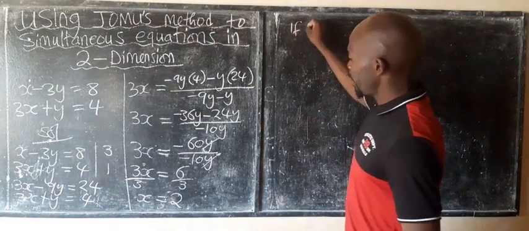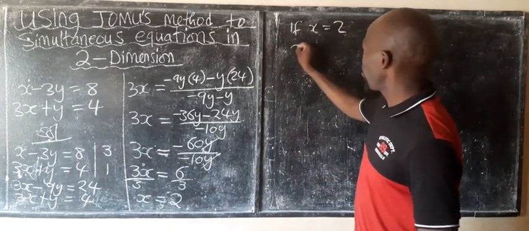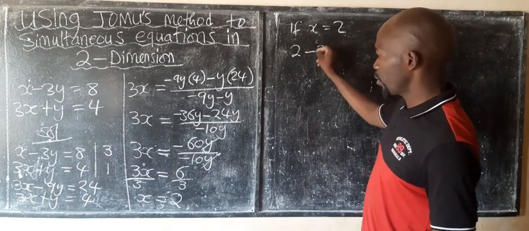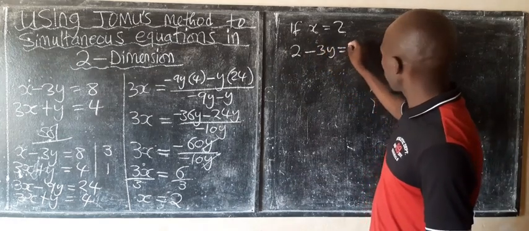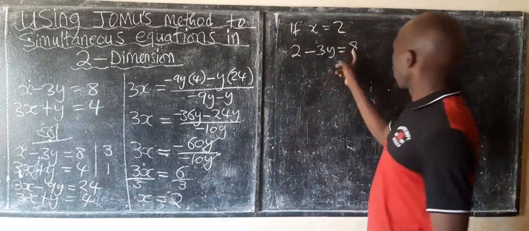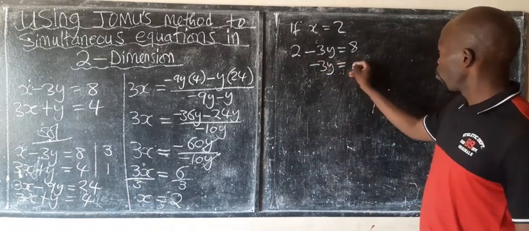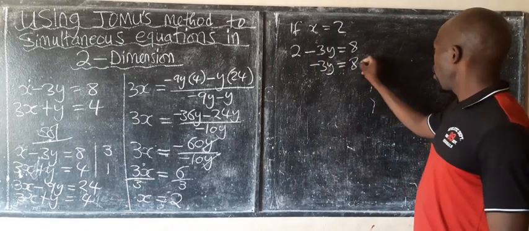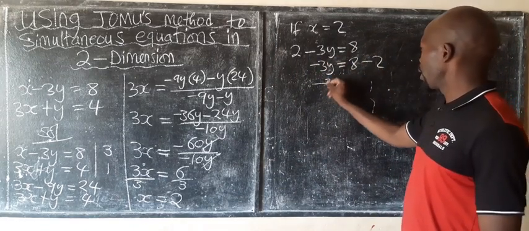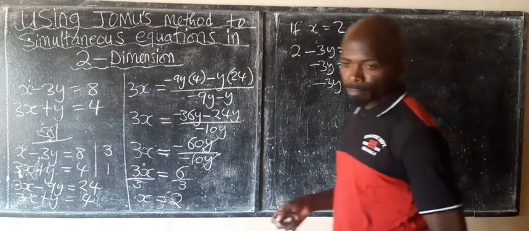Using the first equation, positive 2 minus 3y gives me positive 8. Then I collect the like terms: negative 3y is equal to positive 8 minus 2.